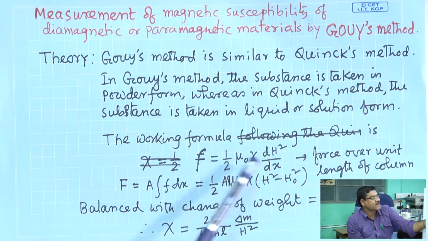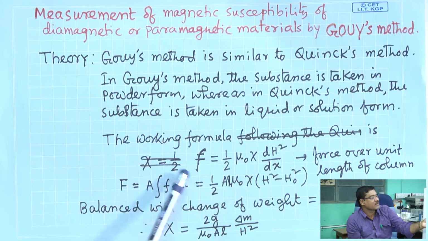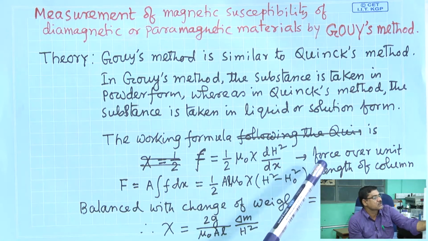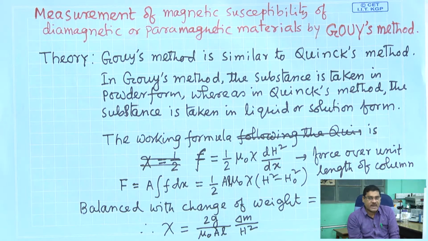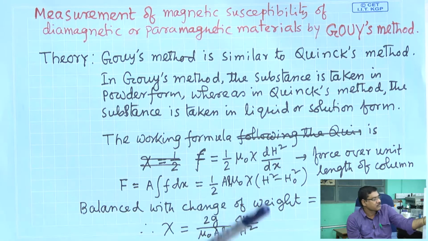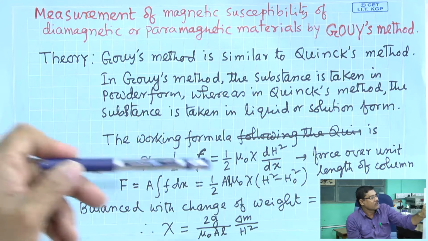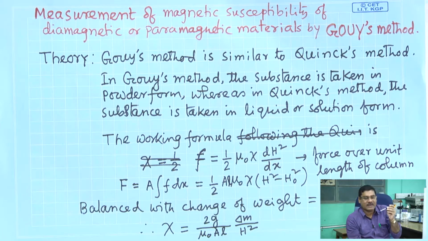This is basically energy density, but one can also call this force over unit length of column. What is a column? Either it is a sample in rod shape, or a powder sample put in a tube. So it will form a column.